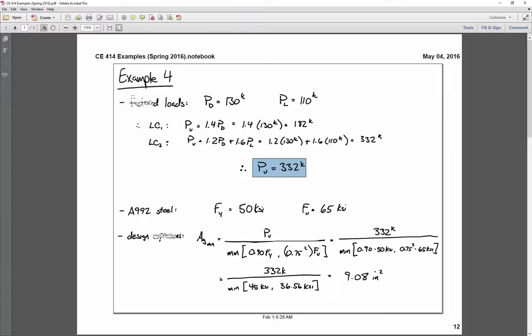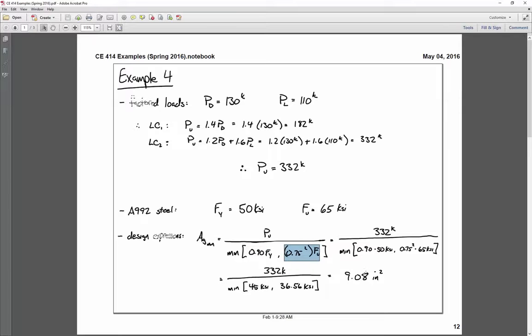Now we take that and we say, all right, we've got A992 steel, so we go to Table 2-4 in the manual, and that'll yield a yield stress of 50 ksi and a tensile stress of 65 ksi. That's unique for A992. And then using those, we can calculate some design expressions. So we calculate our minimum gross area: it's the factored load, Pu, so that's 332, divided by the minimum of 2 quantities, either 0.9 times the yield stress or 0.75 times the tensile stress.